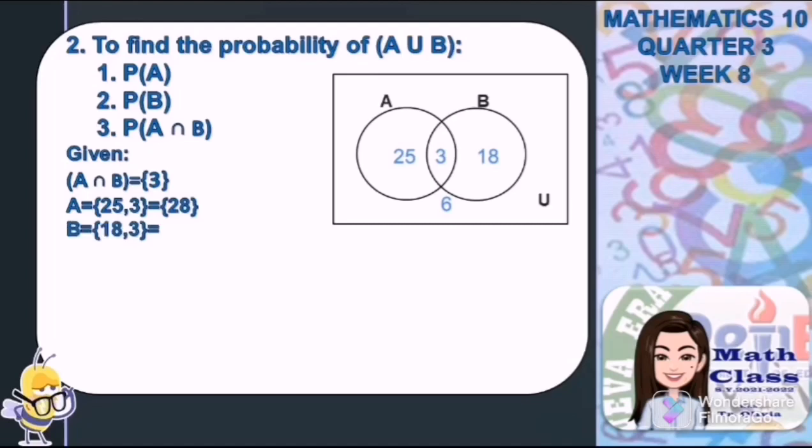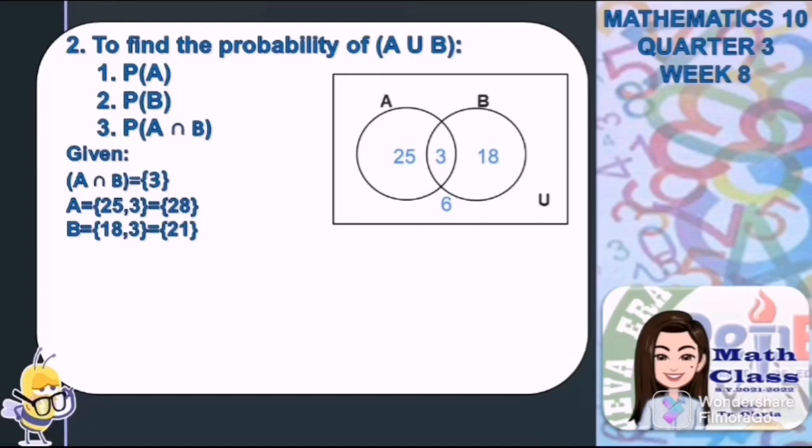So what is the sum of 18 and 3? So 18 plus 3, that is equivalent to, very good, that is 21.